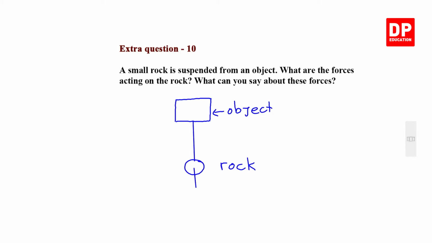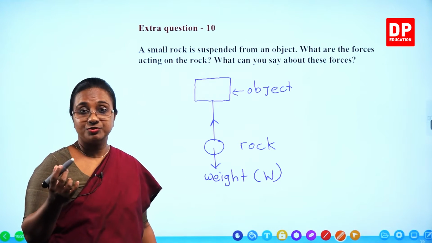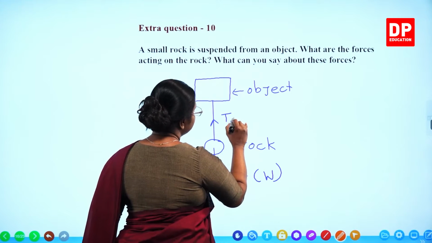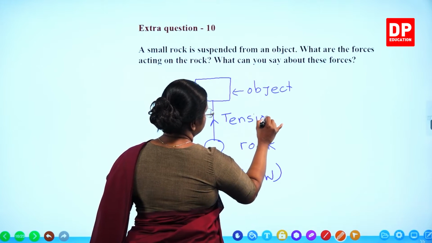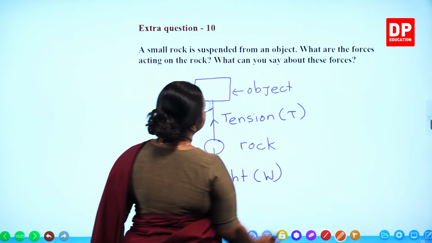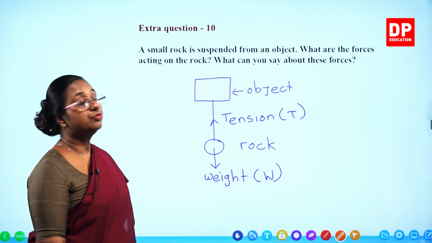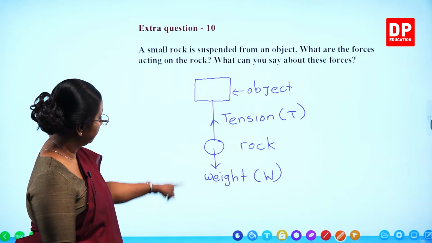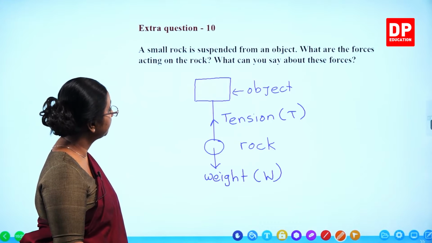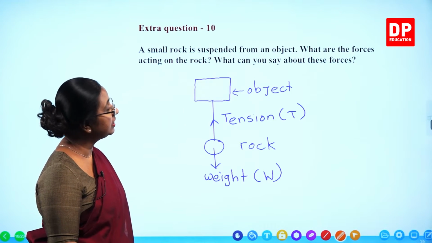So here the force acting downwards is going to be the weight of the rock, W. And what is the force acting upwards? I am sure you know it is the tension. Tension T. So those are the two forces acting on the rock, the weight downwards and the tension upwards. And what can you say about these forces?